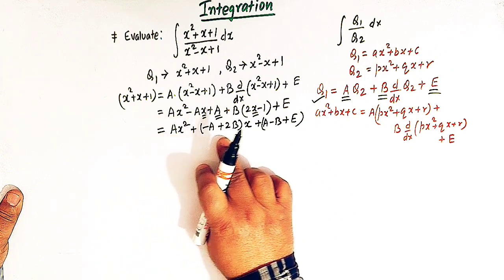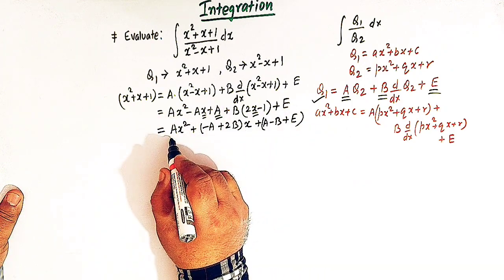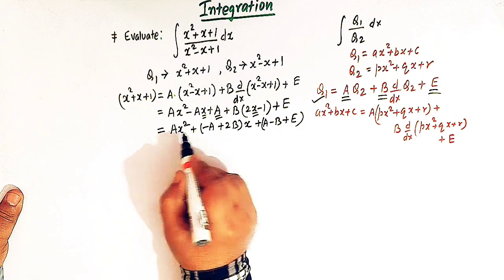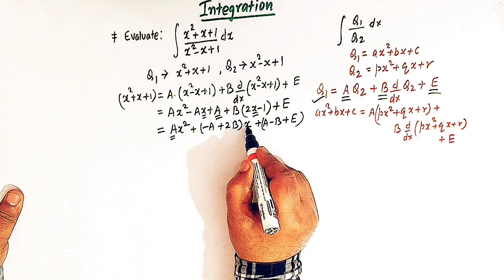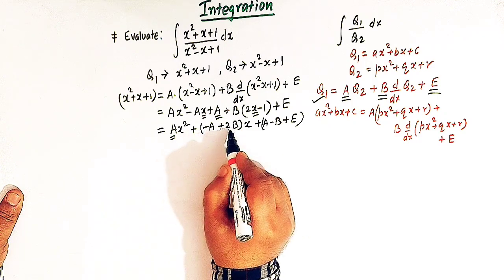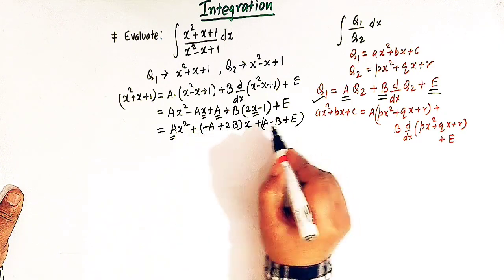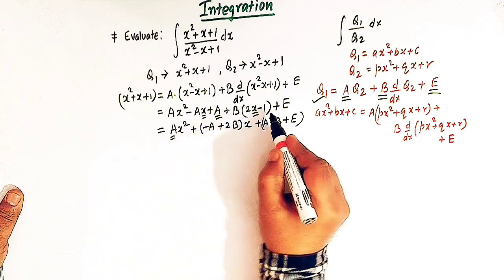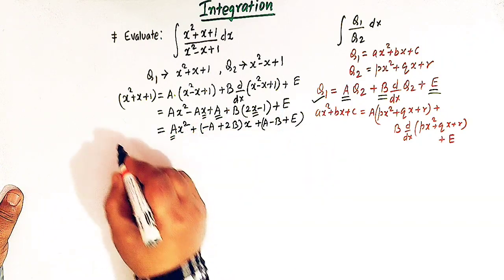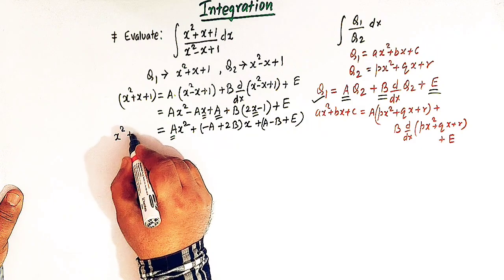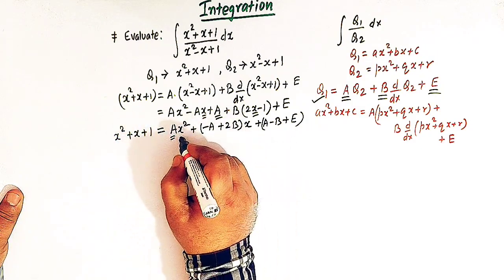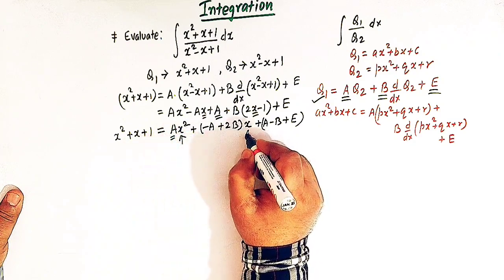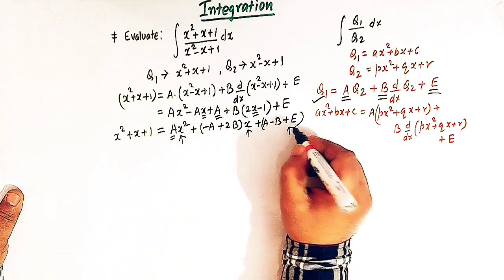So in the right hand side, we have another quadratic polynomial where we have the coefficient of x square as a, the coefficient of x as minus a plus 2b, and the constant term is a minus b plus e, right? Okay, so now let us compare both the sides, the coefficients of x square, x, and the constant term, right?